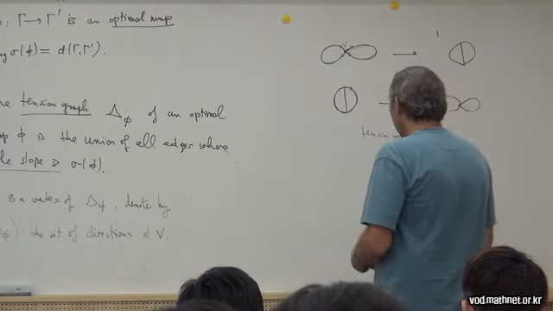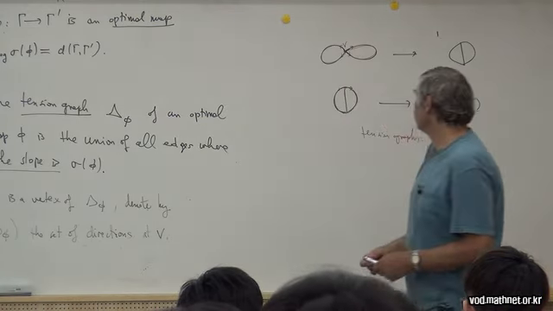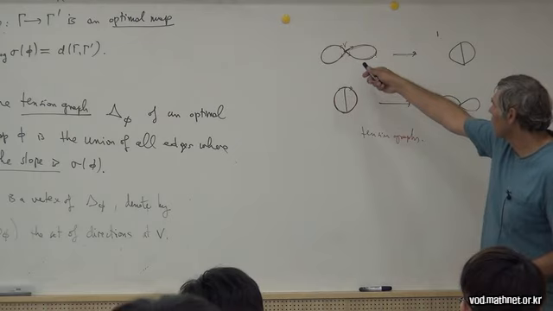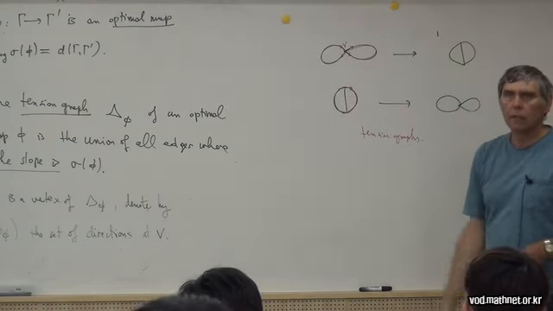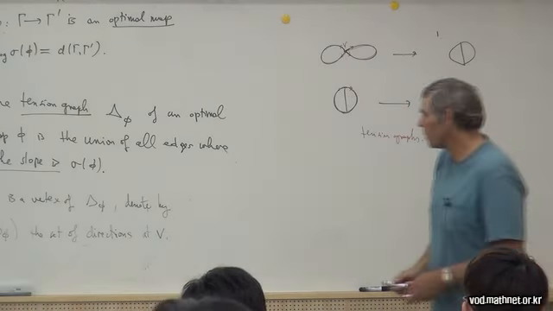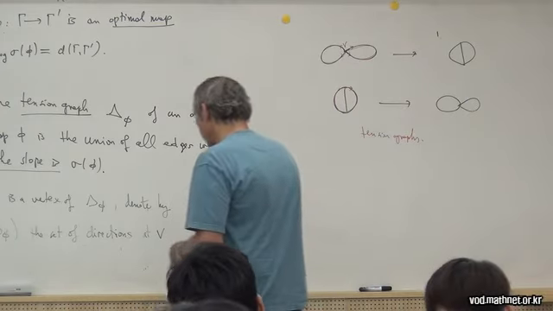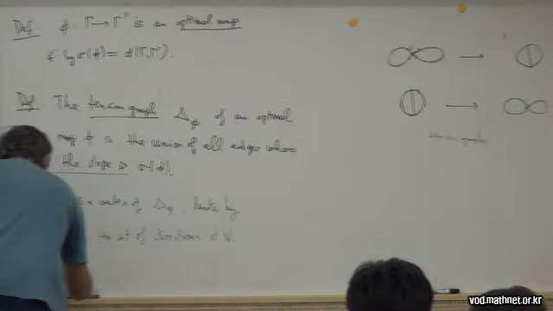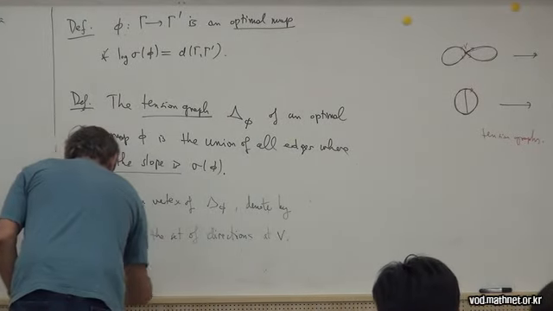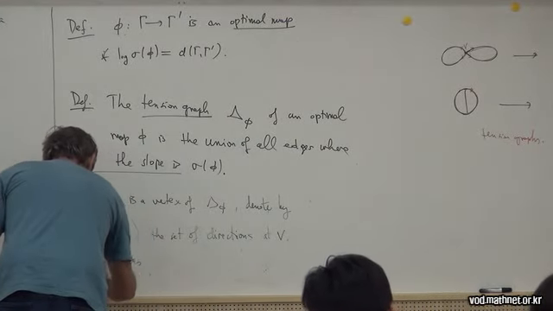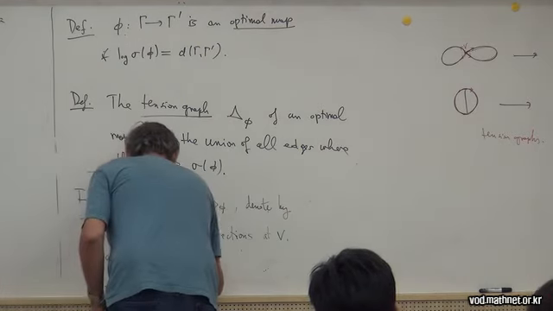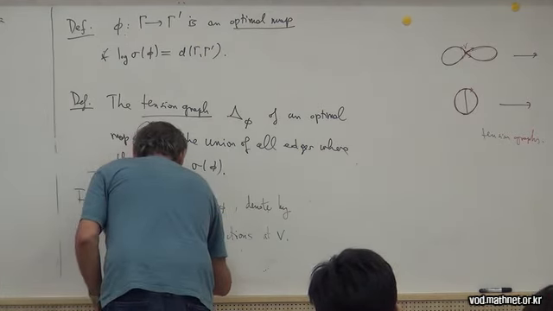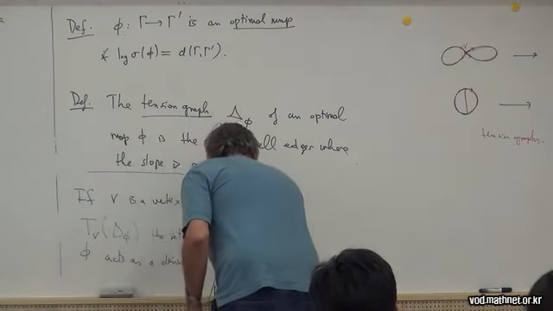Okay, now the map phi induces a function on these unit tangent vectors. It's kind of a derivative, which we will denote phi star.